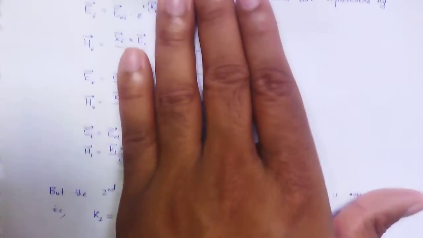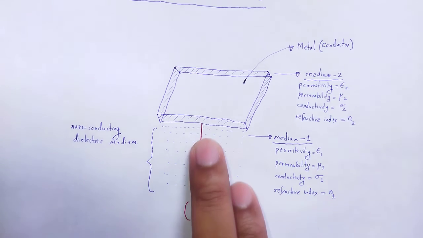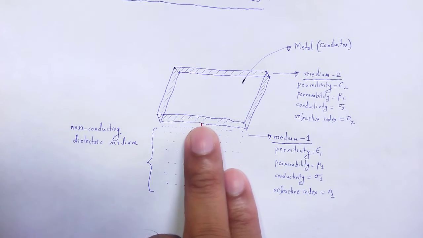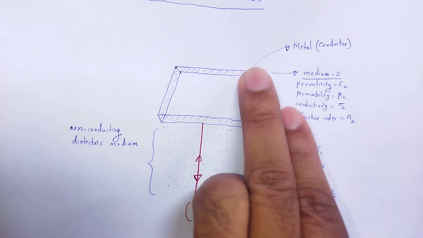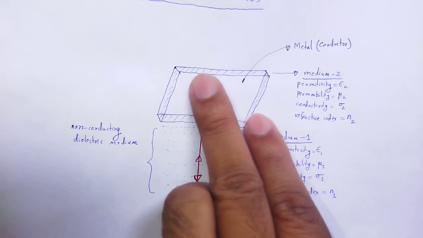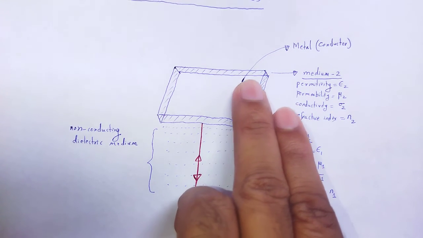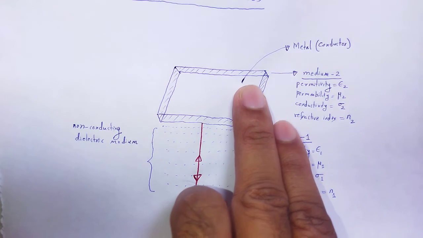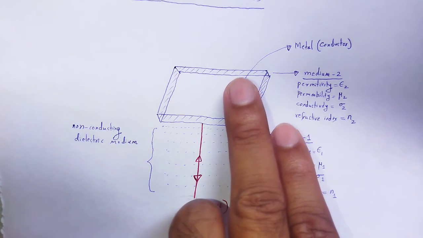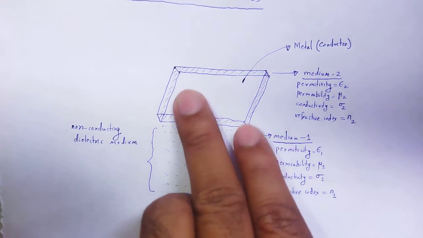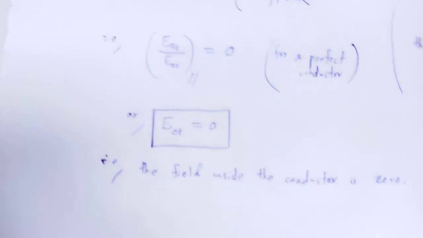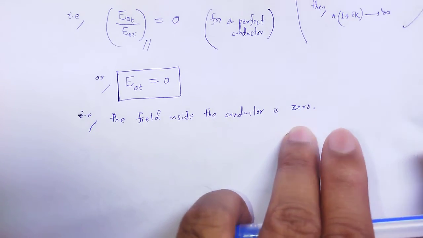EOT, as we say, when that electromagnetic wave is incident normally, then the transmitted wave's electric field vector component will be 0, means there will be no field inside that conductor.